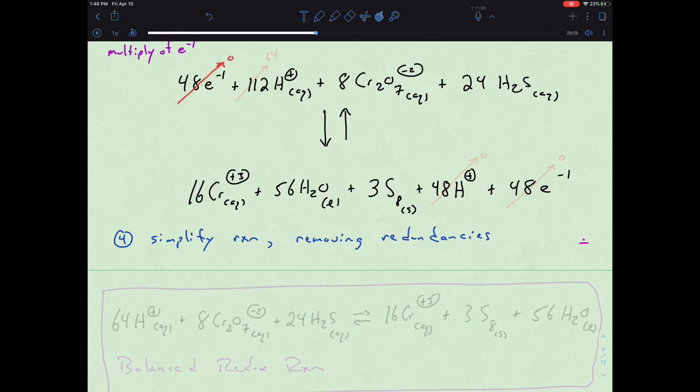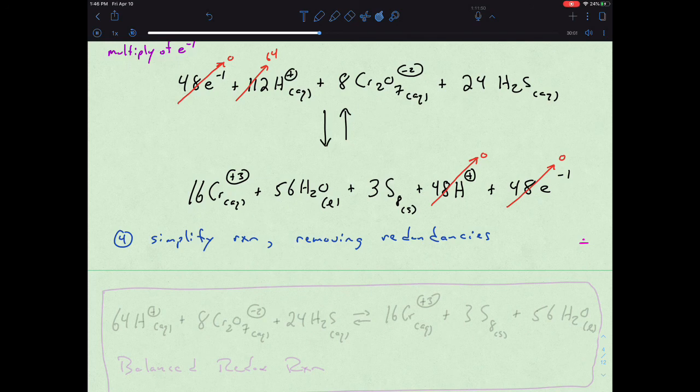We have 48 electrons on the starting material side as well as the product side, so they cancel. We have some other things that cancel out as well. Notice that we have 112 protons and 48 protons. So this would go to 0, and that would go to 64 as far as the protons are concerned. But then that's all the ambiguity or redundancies that we have.